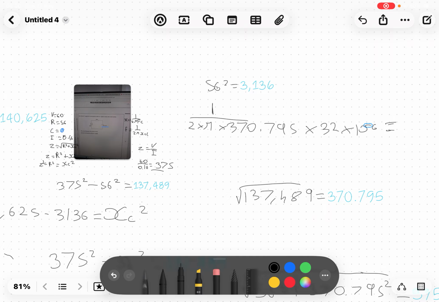This equals 13.41, that's the rounded number, and the frequency is measured in hertz. So this is the answer. Thank you very much. Goodbye.